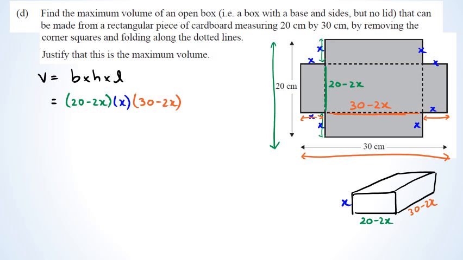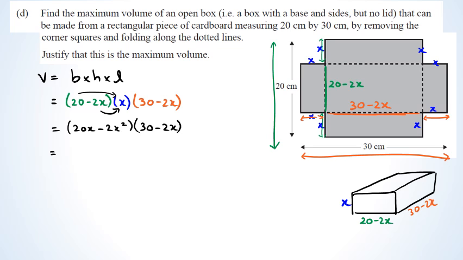Now guys, it doesn't matter which order you go about it in, you're still going to end up with pretty much the same answer, because when you multiply 3 things, it just works out the way it is. I'm going to multiply these 2 first. So I've got 20x minus 2x squared, and then that's getting multiplied by 30 minus 2x.